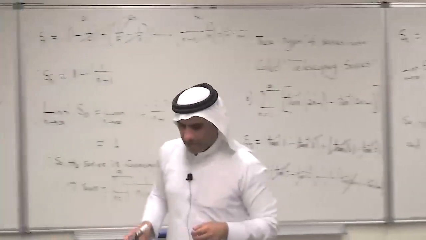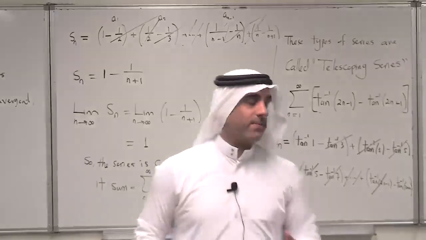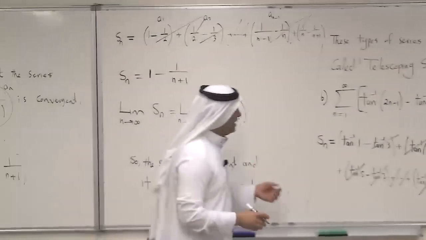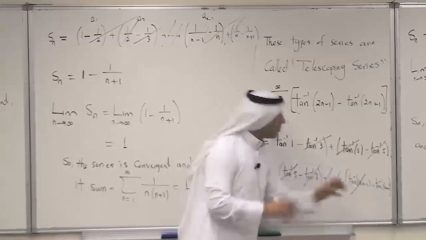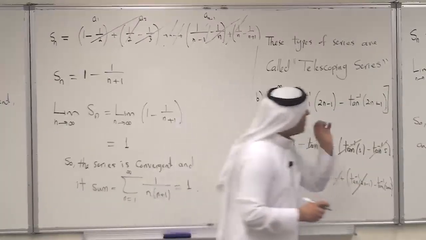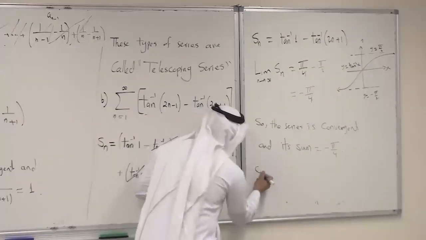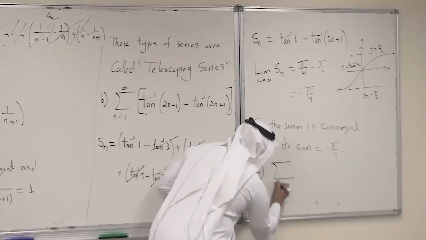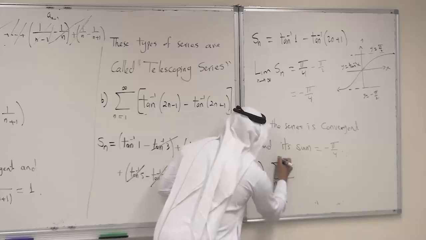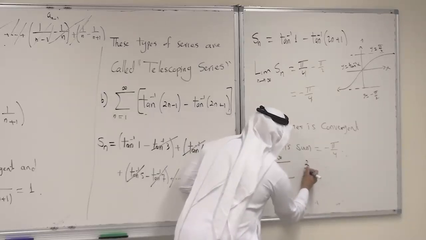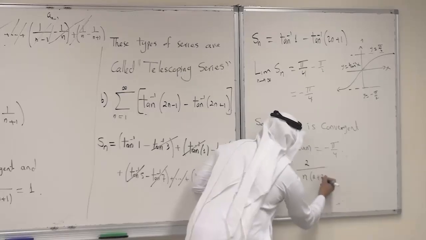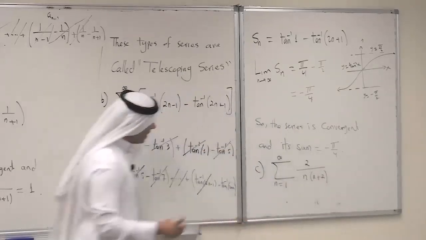Now, I give you an exercise to think about, because it's not always the first term and the last term only that will survive. If you need to understand more about this, do the third part here. Test the series given here for convergence, n equal to 1 up to infinity, that is 2 over n plus 2. Do the same trick we did before.